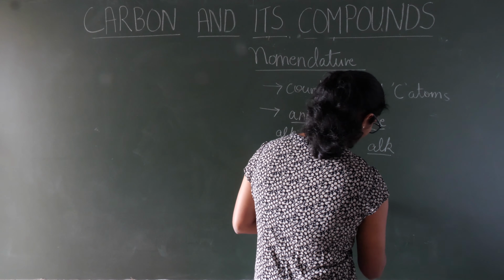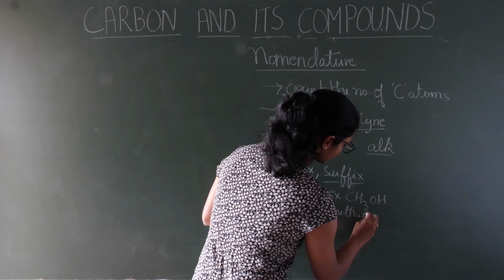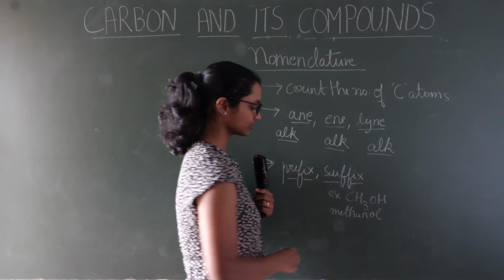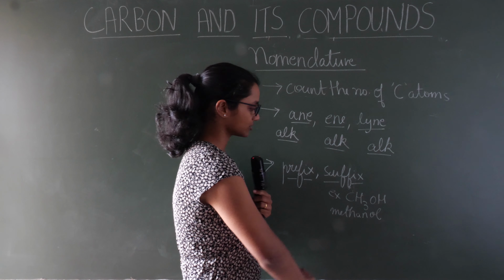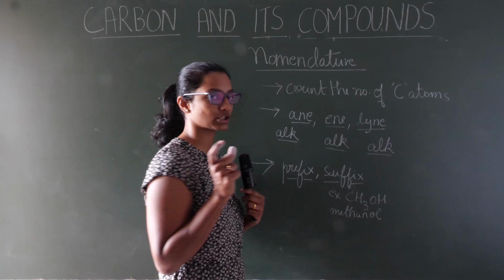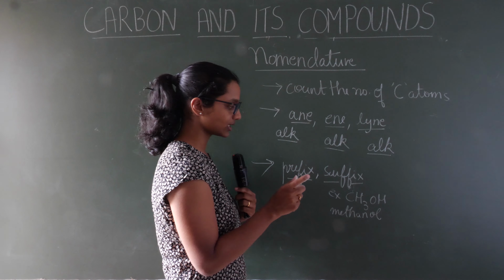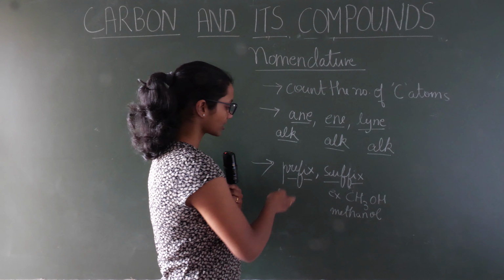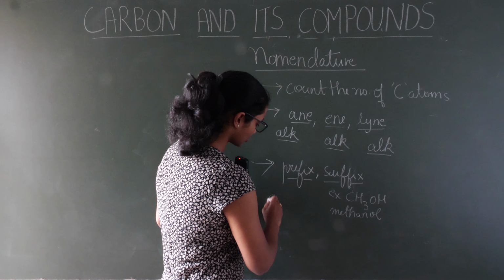So methane having the functional group alcohol is nothing but methanol. So in this example, the functional group, which is alcohol, is given as a suffix to its name. And for prefix, you can say chloromethane.